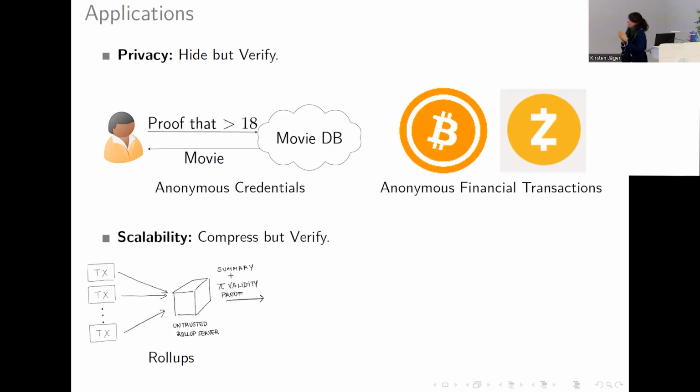The idea is that you have a bunch of transactions and all these can be compressed into some summary and some proof that all these transactions have been done correctly, okay? And this summary and this validity proof can then be stored on chain, but you're really saving yourself, so you don't have to store all the transactions so that you can later verify they have been done.